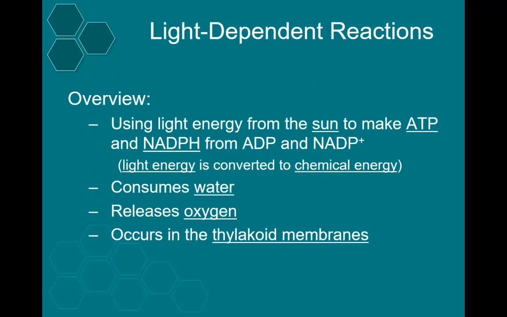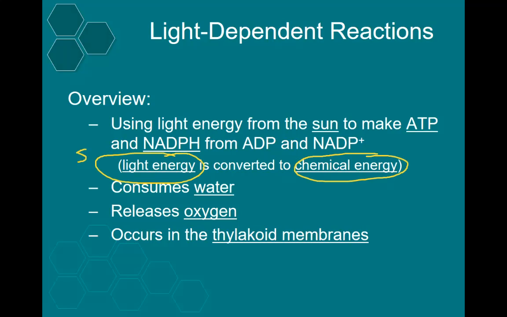So, using light energy from the sun, we are going to manufacture ATP and NADPH from ADP and NADP+. We are converting light energy into chemical energy. Okay. Now I want to highlight this because to me this is one of the more important pieces: we are going to take this light energy from the sun and convert it into chemical energy.